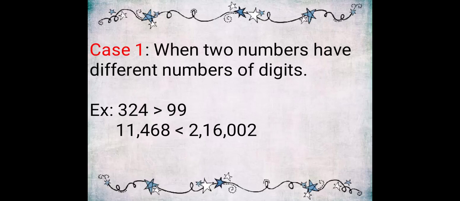My example is 324, which is the three-digit number, and 99, which is the two-digit number. Looking to the example, can you tell me which is the greatest number? Yes, that is the number which is having three digits in it. That is 324.